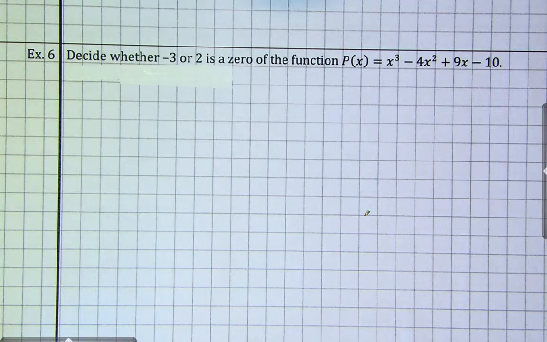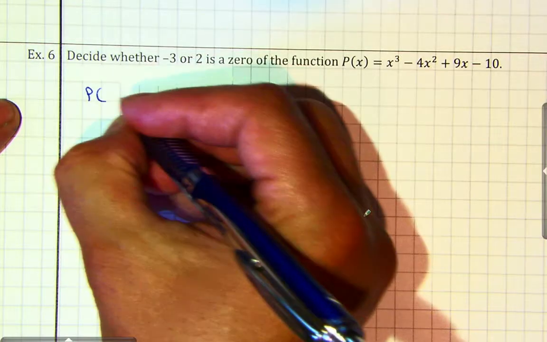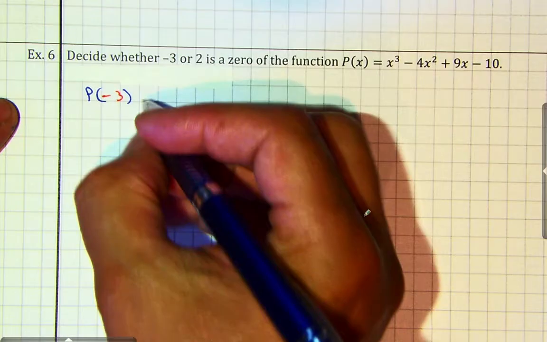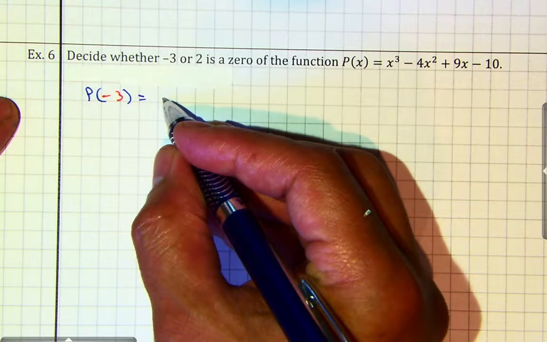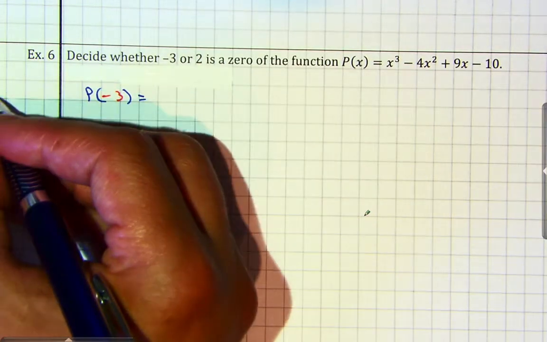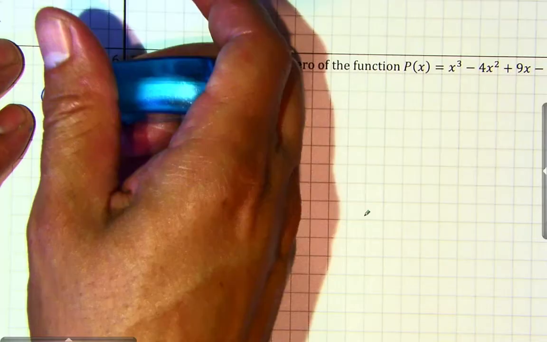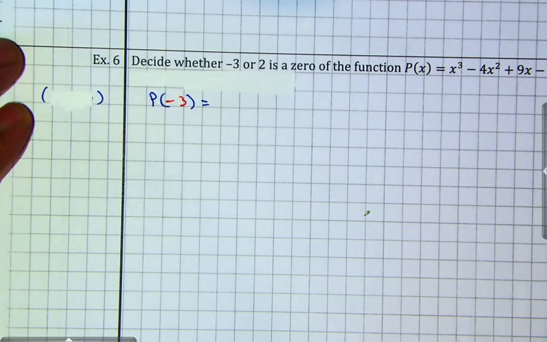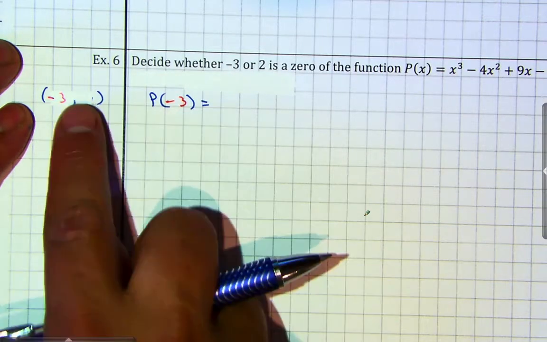If I plug in a p of -3 and it gives me a 0, that means it's going to be the point (-3, 0). So my x value is -3 and my y value will be whatever I get. If that's a 0, that will be the x-intercept.